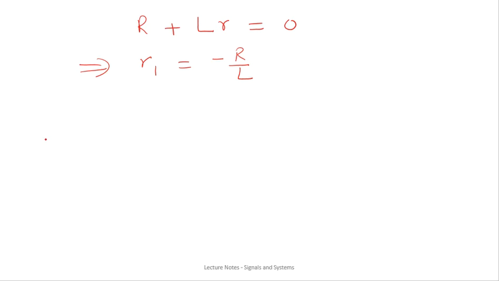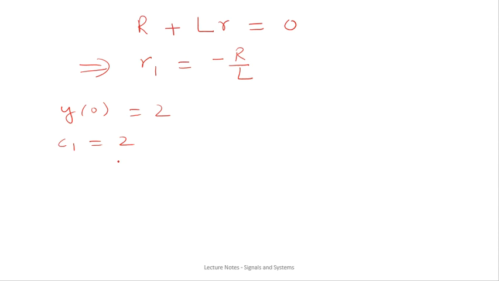So coefficient C_1 is determined so that the response satisfies the initial condition that is given in the problem, y(0) equals 2. So this just implies that C_1 should come out as 2. Okay, because at t equals 0 the value is 2, so you can just substitute in that output equation.